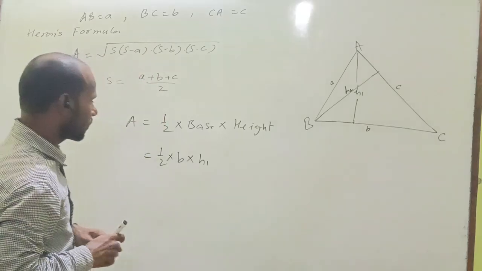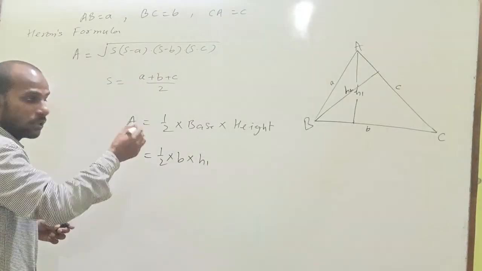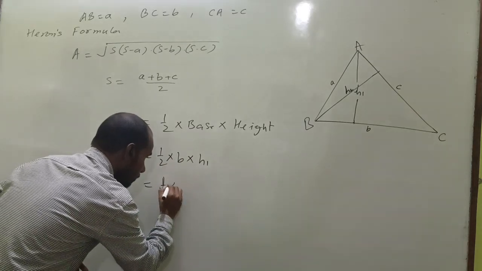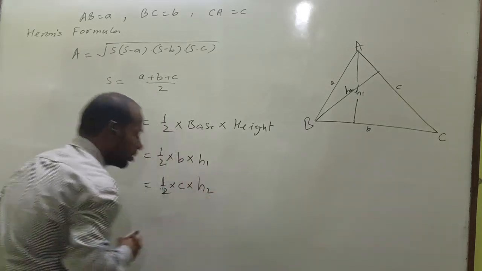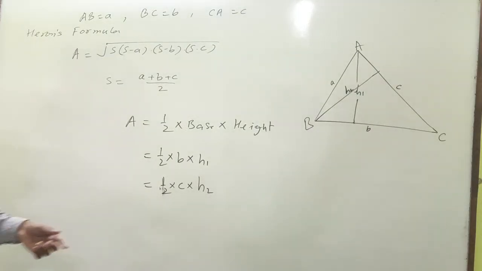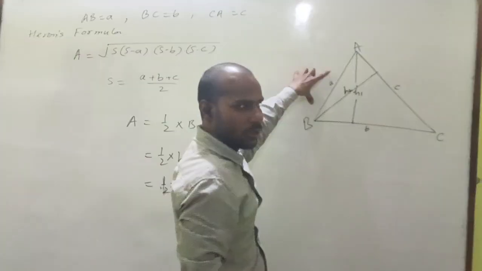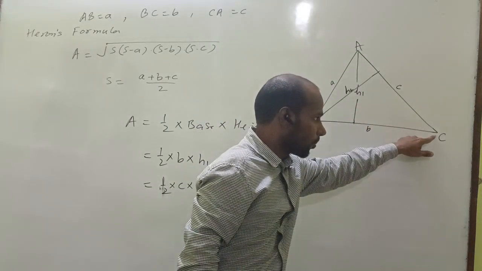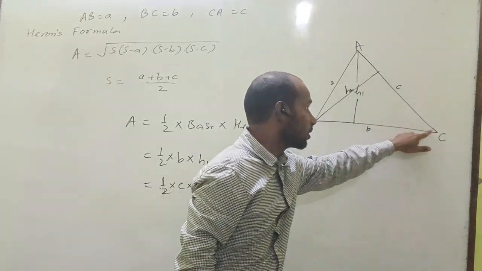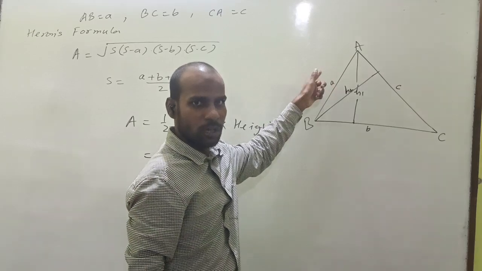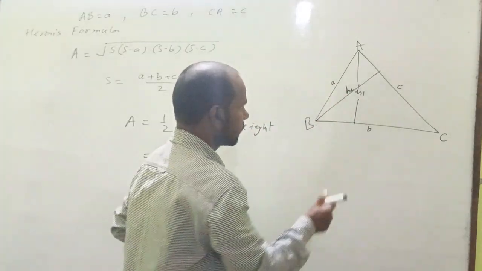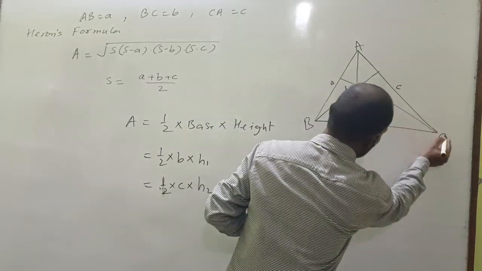Then in this case, the area would become 1 upon 2 C into H2, and if we take base AB, that is length A, then the height will become a perpendicular from this vertex on this side, the third altitude of this triangle, and suppose that is H3.